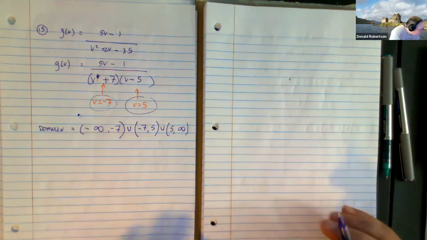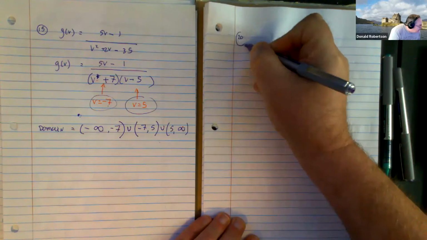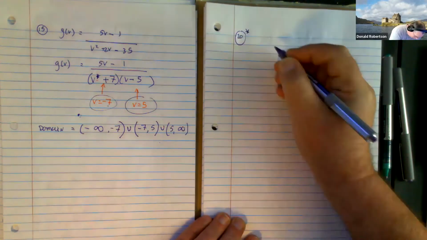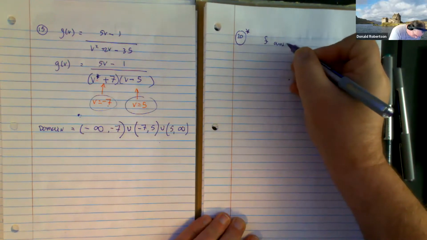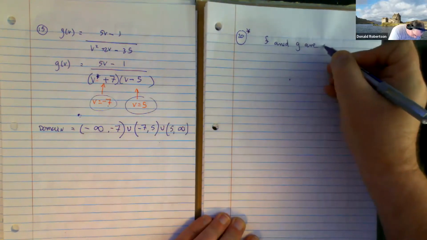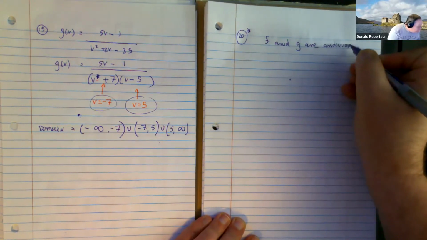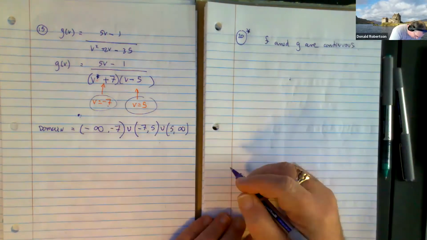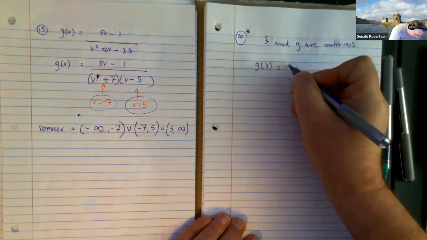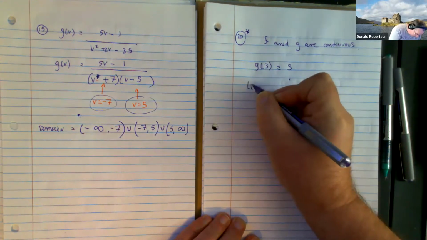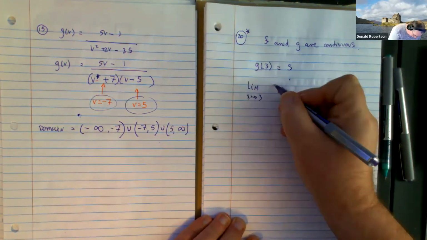So here's the last question I want to do from this section. It says, suppose that f and g are continuous, which is nice. And you're told that g of 3 is equal to 5. Because it's continuous, it means that you can use limits and that they will exist.